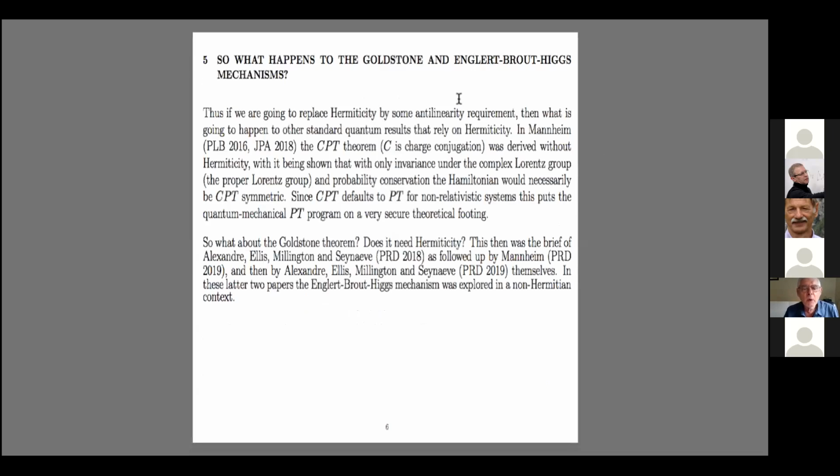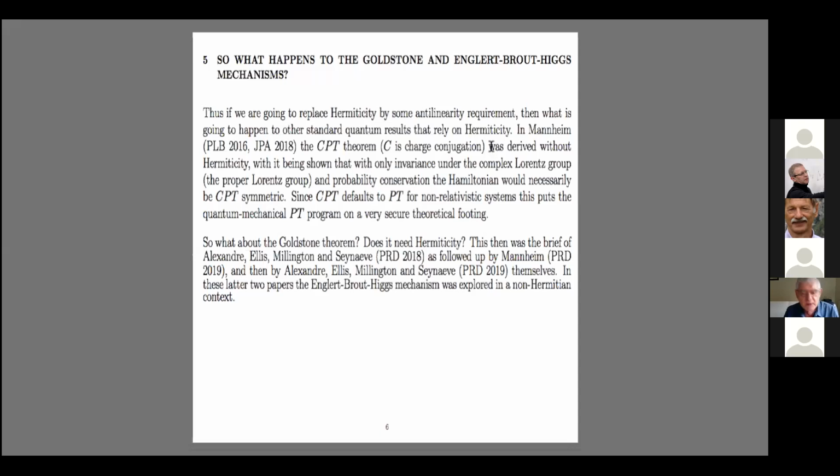Okay, now, if we're going to replace hermiticity by some anti-linearity requirement, then what is going to happen to other standard quantum results that rely on hermiticity? How many of them still hold? So I looked at the issue of the CPT theorem, where C is charge conjugation, and it was derived usually using hermiticity.